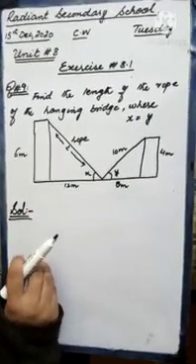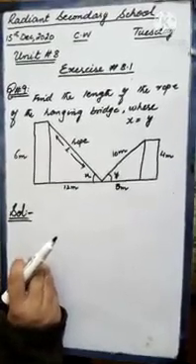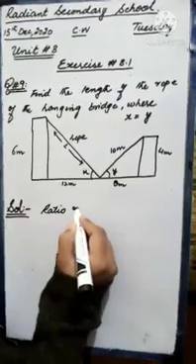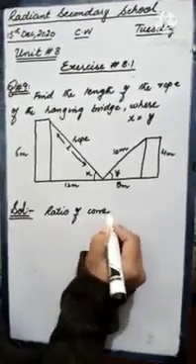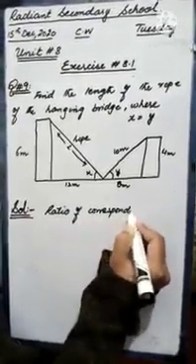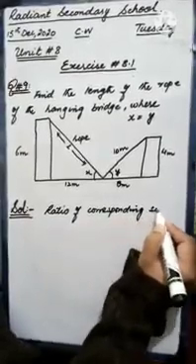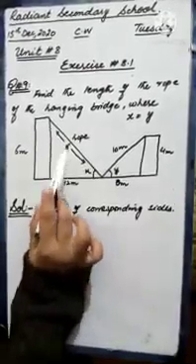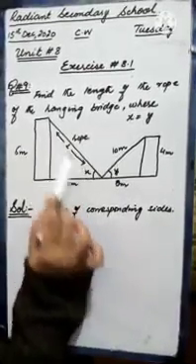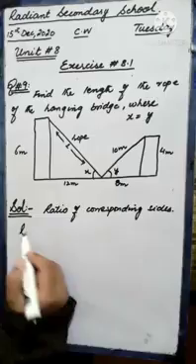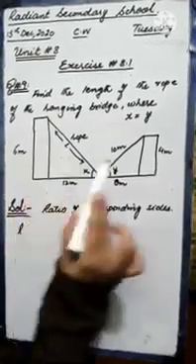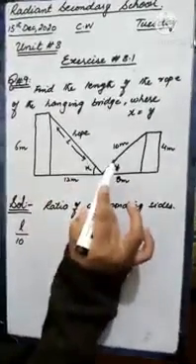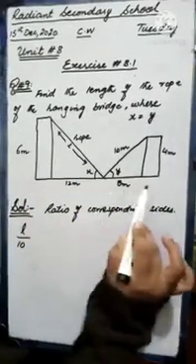So again students, we will apply the same property of the ratio of the corresponding sides. Obviously we have to find the length of this rope, so I have taken this rope as L. So L ratio 10 and L ratio 10, this side will be corresponding to this side.